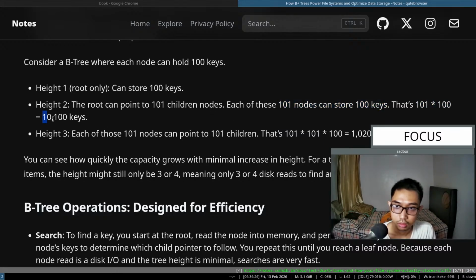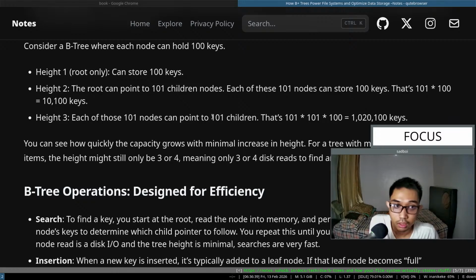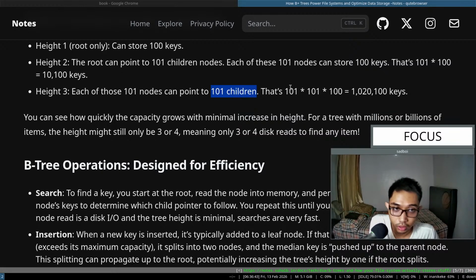Height 3: each of those 101 nodes can point to another 101 children.